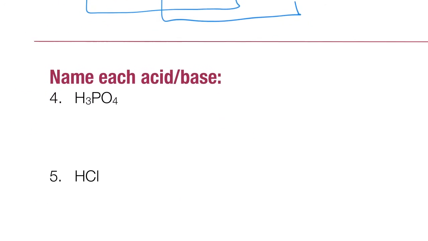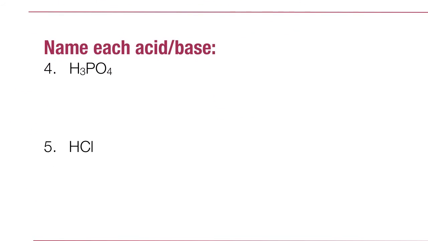All right, let's review how to do the next section, which is naming acids and bases. We spent a day last week learning how to name acids, and the basic idea is that the name of the acid comes from the name of the anion, or the part of the formula after the hydrogen. So focus on the part of the formula after the hydrogen, and you need to come up with the name of that anion.